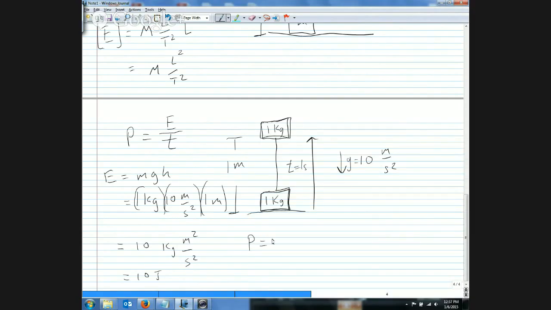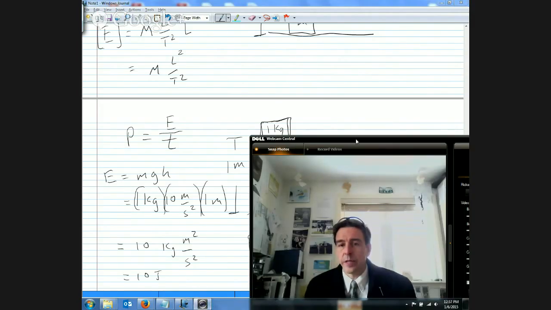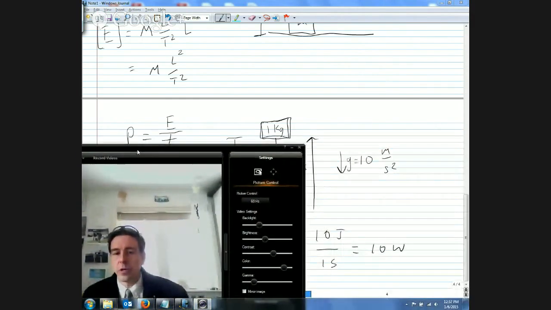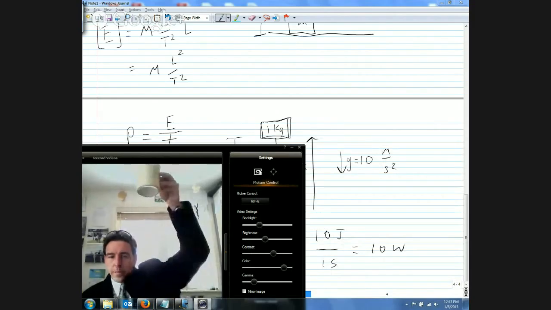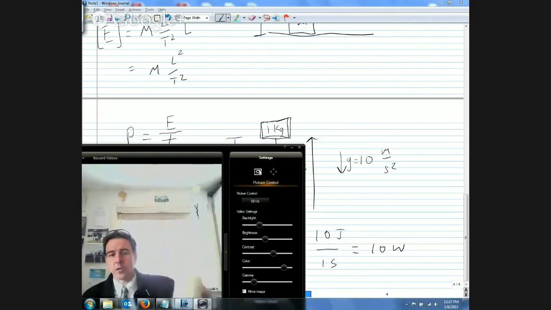P equals energy over time equals 10 joules divided by 1 second equals 10 watts. And we already saw previously that the watt is the international unit of power. So just to lift a 1 kilogram mass 1 meter up in 1 second takes 10 watts.